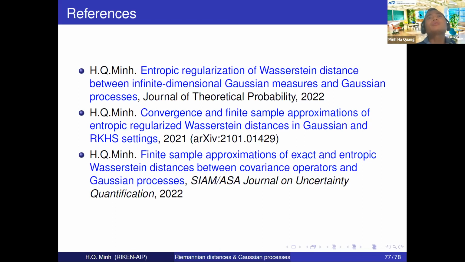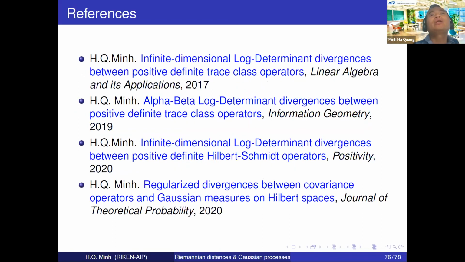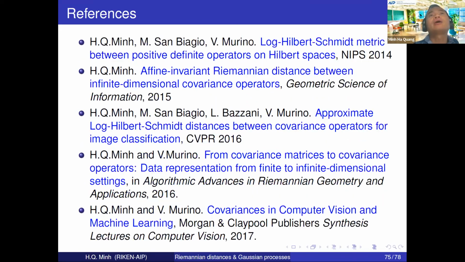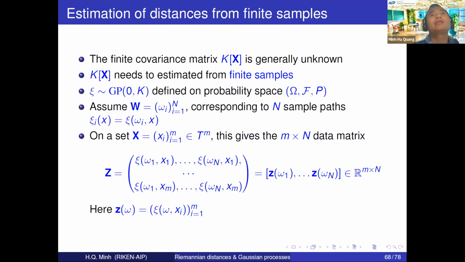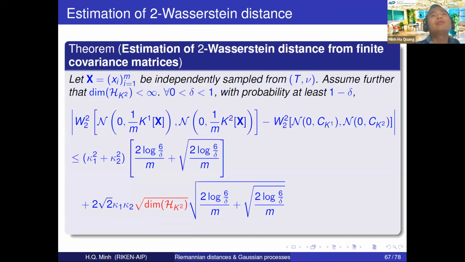Oh, so for example, we have Gaussian measures which correspond to Gaussian processes. We can compute using this approximation, for example the finite dimensional version here. For each Gaussian process we have a one-to-one correspondence with a Gaussian measure, right?